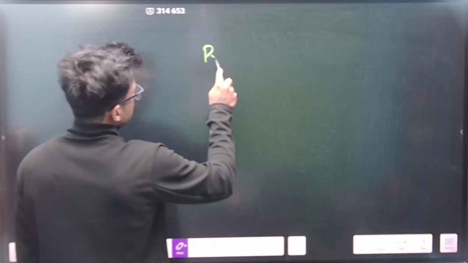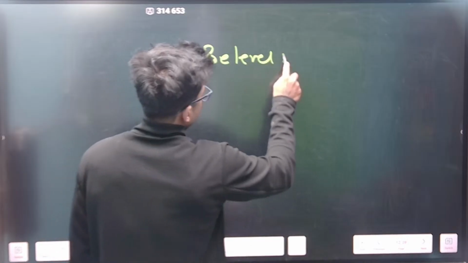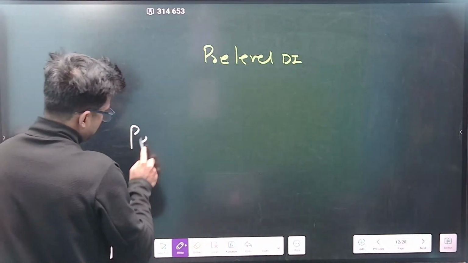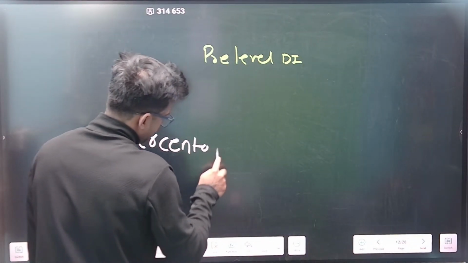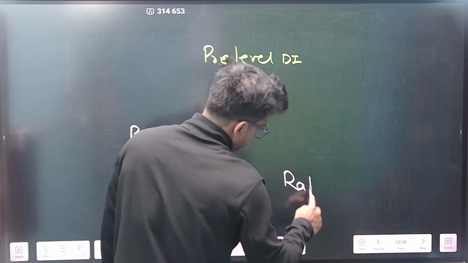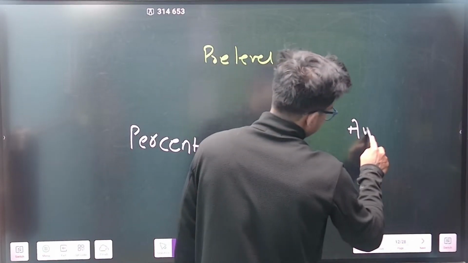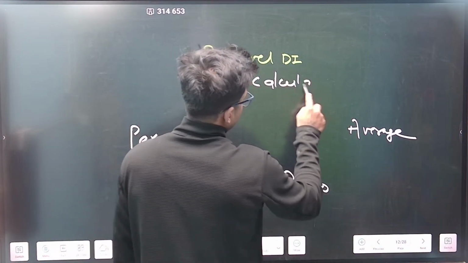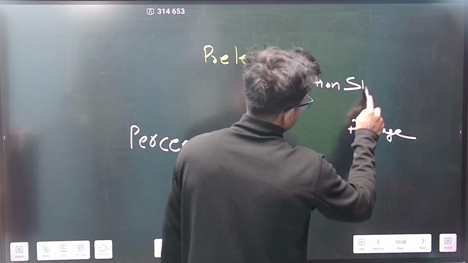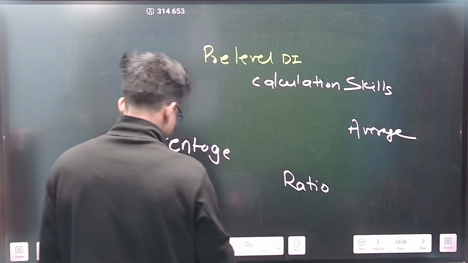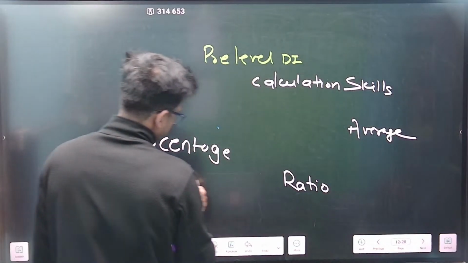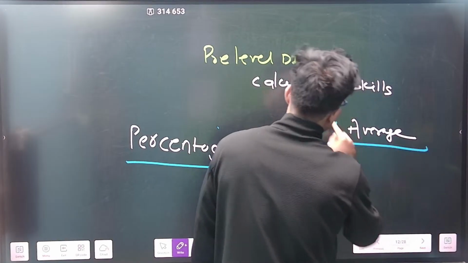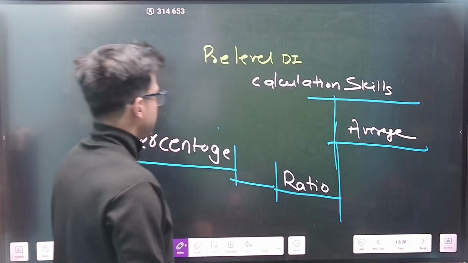The important chapters for pre-level DI are basically percentage, ratio, average, and the calculation skills. As you all can see, these are the important chapters, everyone.